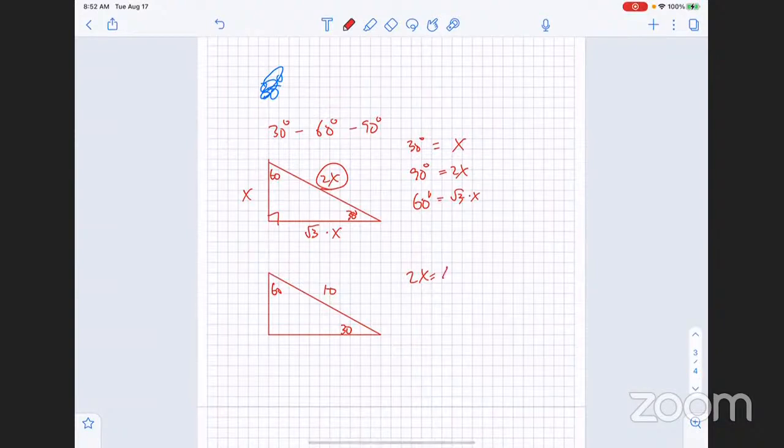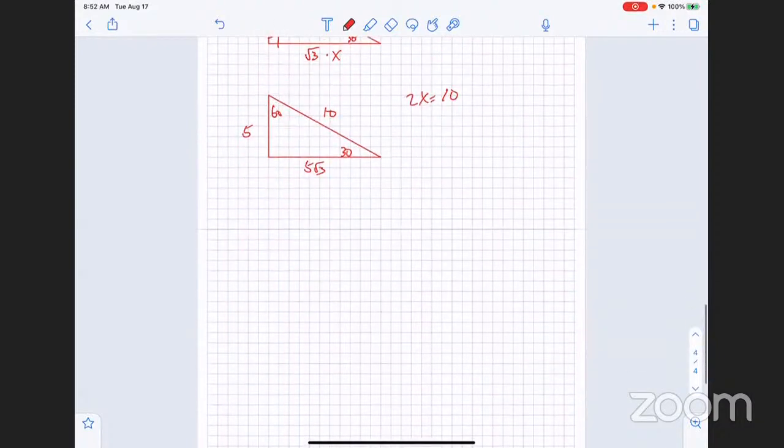Well, 2x is equal to 10, right? What must x be? 5. This side must be 5 because that's facing 30 degrees. And what's the 60 degrees facing? Square root 3 times x, or times 5. There you go, right?